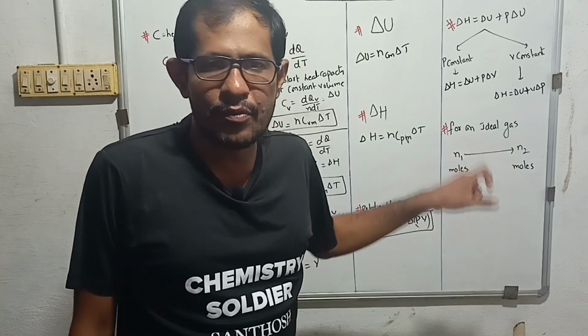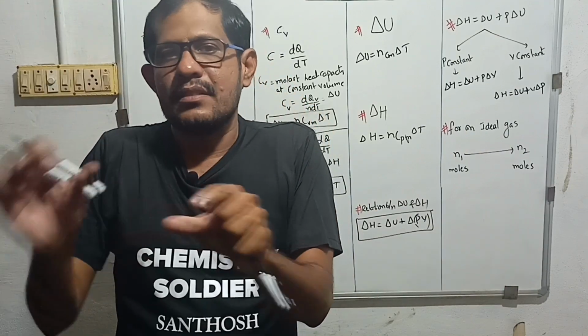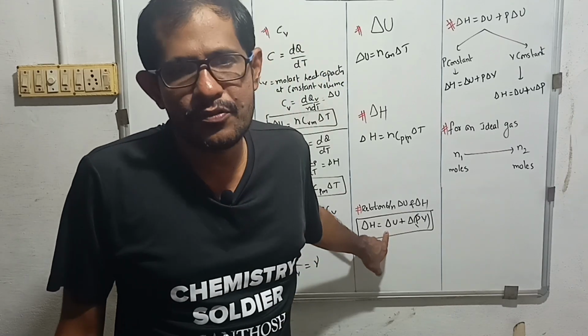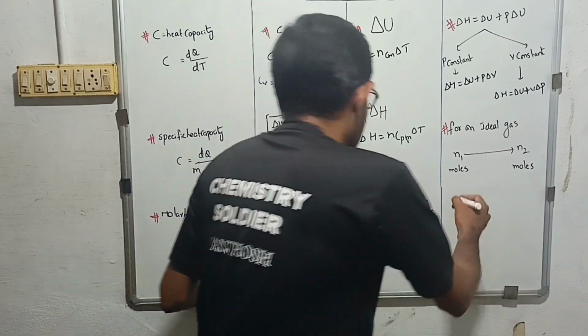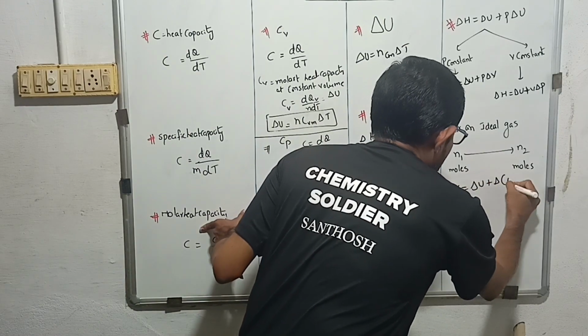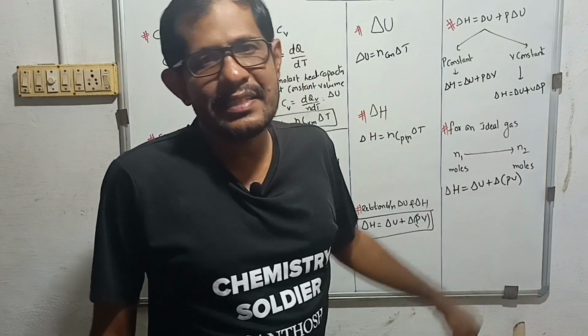If the examiner asks for the relation between delta H and delta U for an ideal gas, how do you use this formula? We will derive it now. First write delta H equal to delta U plus delta PV. Here they are mentioning it is an ideal gas.